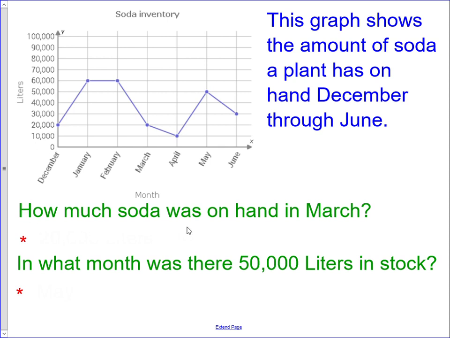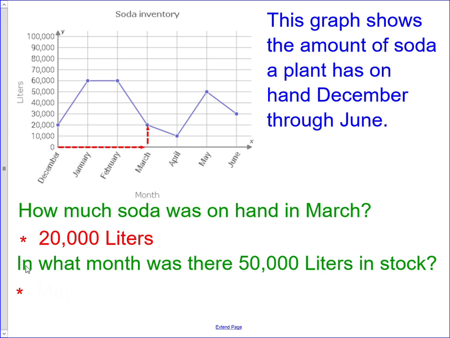If we look at how much soda was on hand in March, we start over here at the origin. We travel over to the month of March, and then we go up until we intersect our graph. When we intersect our graph, we see that we're at 20,000. So there were 20,000 liters produced or on hand in March.